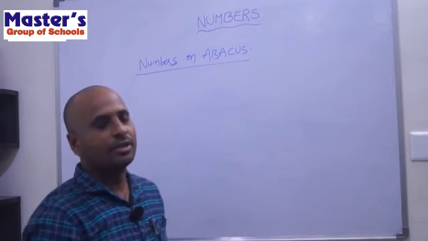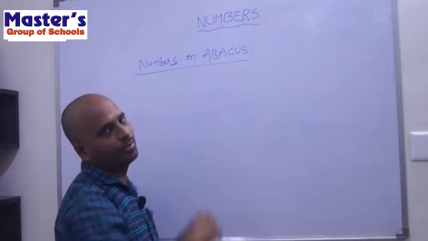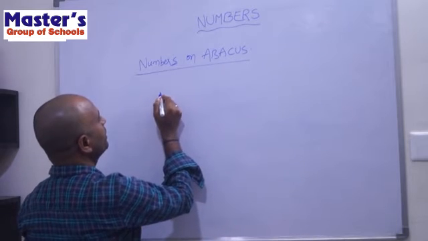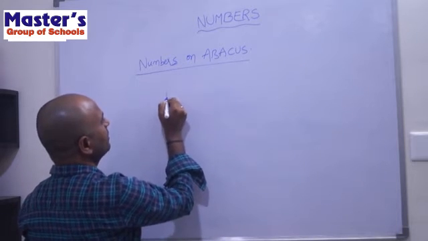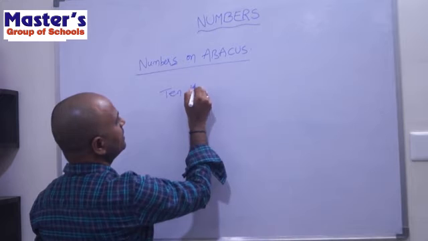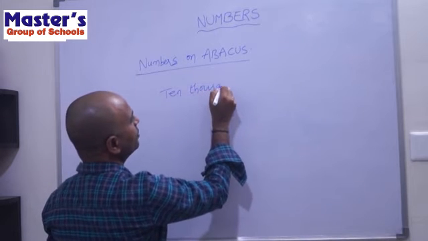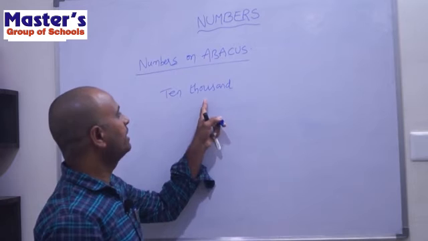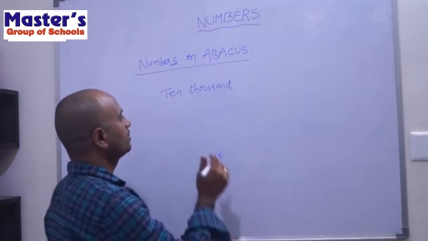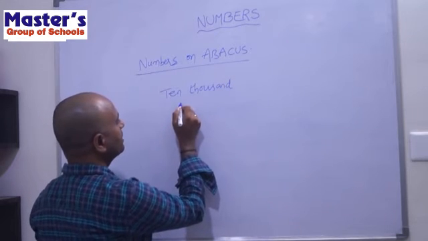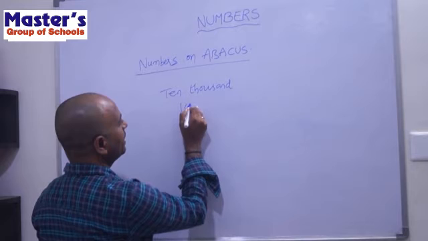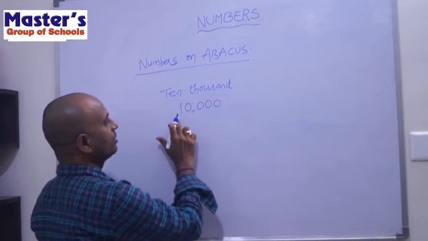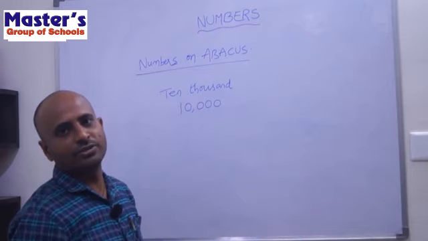Let us see how to show numbers on the abacus. Let us take a 5-digit number, that is 10,000. How do we represent 10,000 on the abacus? 10,000 can be written like this, and it contains 4 zeros.